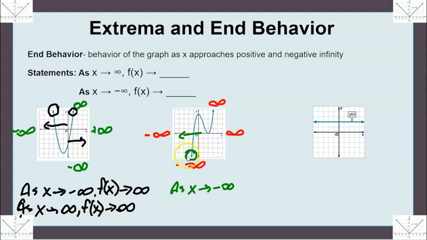The arrowhead is down here, so it's approaching negative infinity. And then the next statement, as x approaches positive infinity, so when I go to the right, the arrowhead is up here, going to positive infinity.